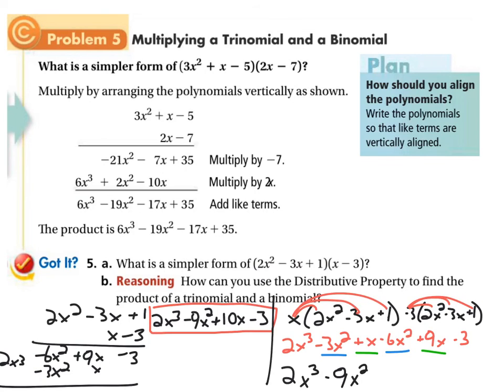The green terms are like terms. X and 9x becomes 10x. And there's only one constant term of negative 3. And if you compare this with this, you'll see that it is identical because you can do it either method and come up with the same answer. Got it? I believe we're done.